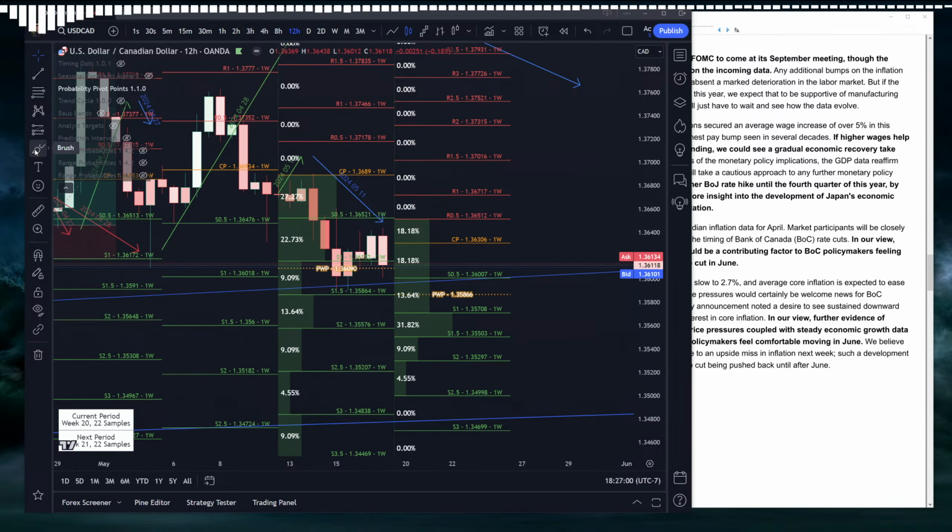But as we get new data going into June, which is the May data, we'll actually see if growth in Canada is picking up at a faster pace or not relative to the United States.